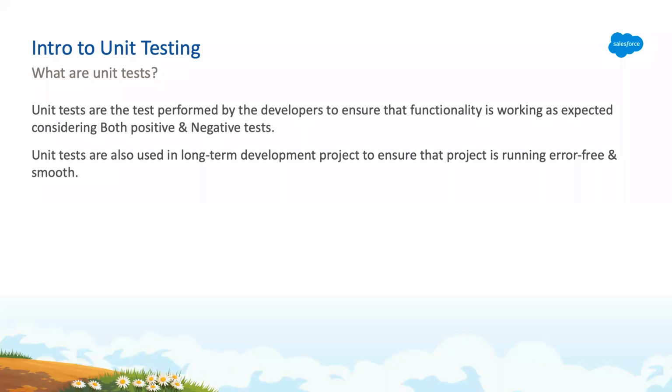So what are unit tests? Unit tests are the tests performed by developers to ensure the functionality is working properly for all the cases, positive, negative, as well as for bulk and rules.